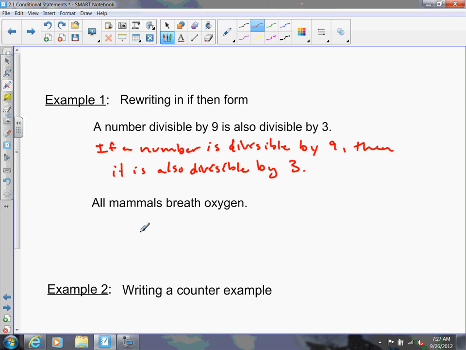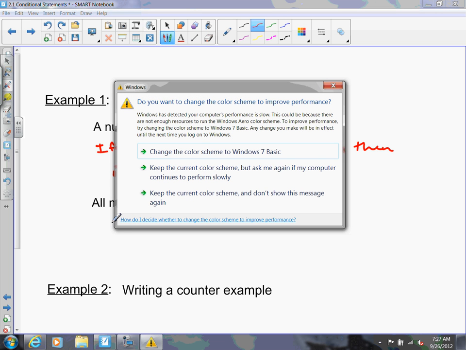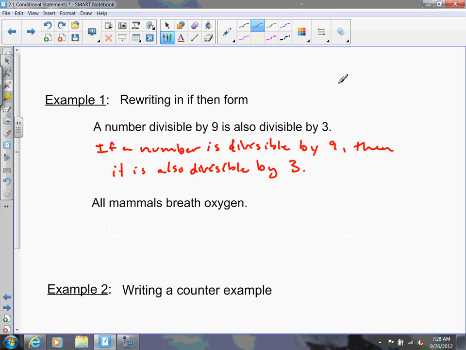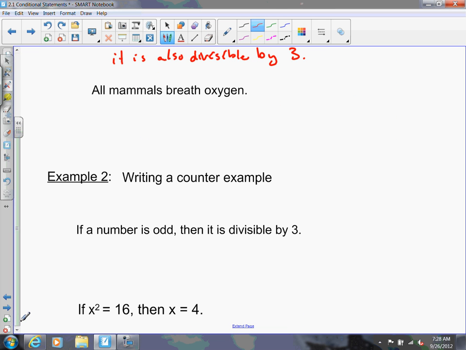If an animal is a mammal, then it breathes oxygen. Okay, so you might have to add words into it.